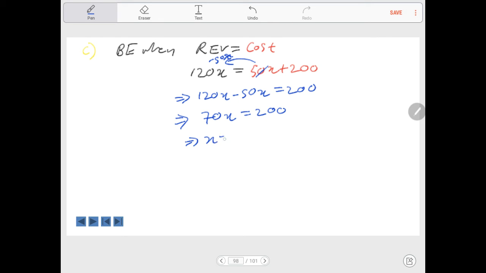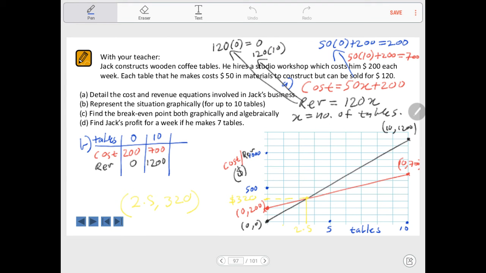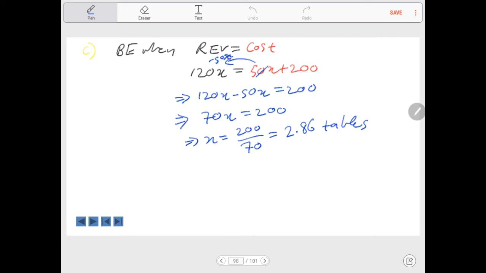So x is 200 divided by 70. Now if we put that into the calculator and just round to say 2 decimal places, that gives us 2.86 tables, which is a little bit off what we said before, what I said, 2.5. Maybe when you did it on your graph, you got something closer to what the algebraic solution was.